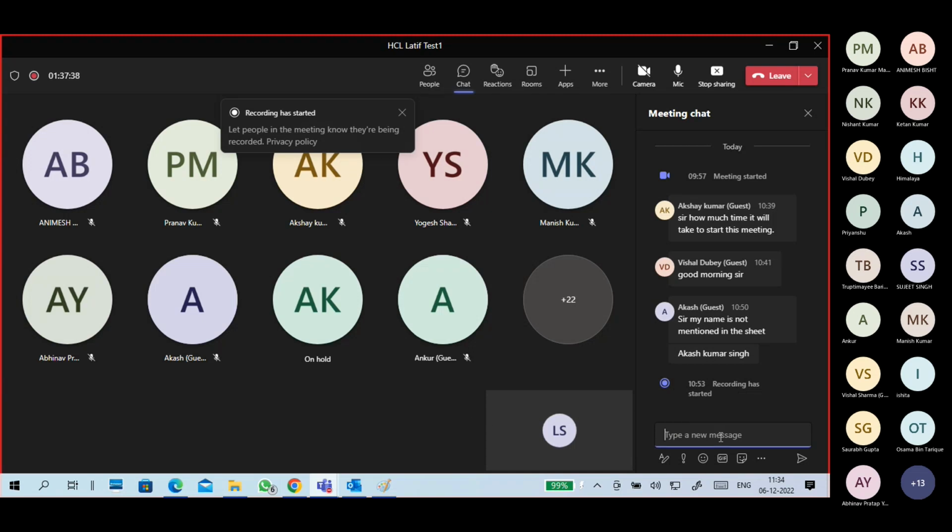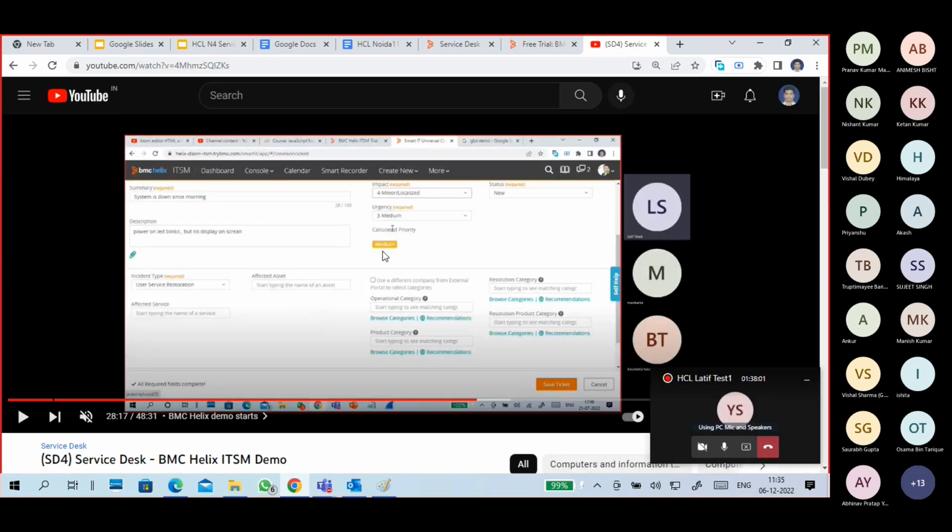I don't know what is happening. Is my chat box not working or what? I don't know what is going on. Anyway, I'll share it on your WhatsApp also. We'll see.